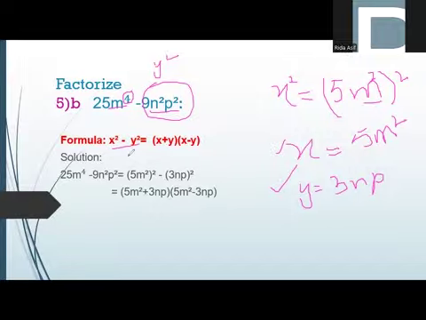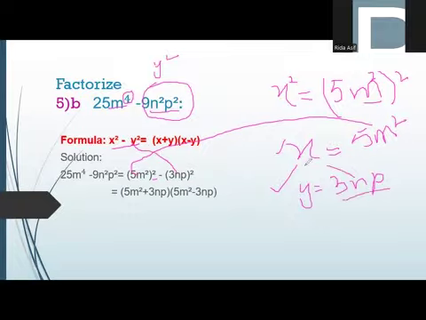X square minus y square. So this is 5m square whole square minus y square means minus 3np whole square. By comparing our question with the left hand side of the formula, we get this.